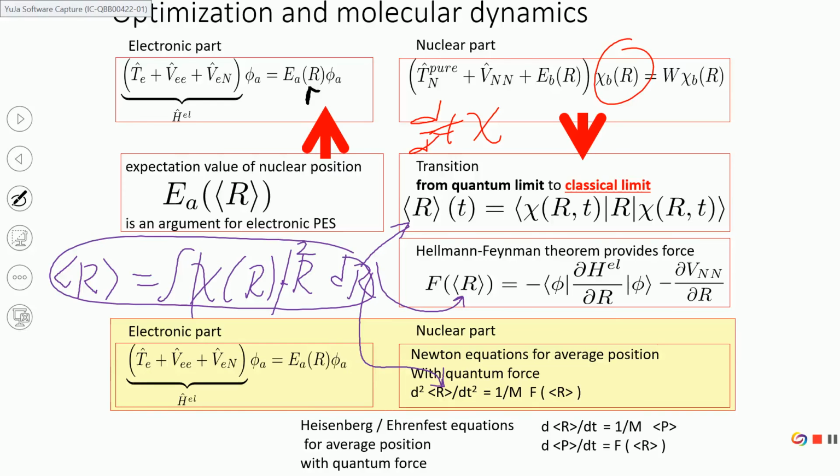We are going to jump from the nuclear wave function to the expectation value of the position of each nucleus. And then, using several theorems, one can find what will be the force acting, what will be the analog force that will be the reason to change this expectation value of position.